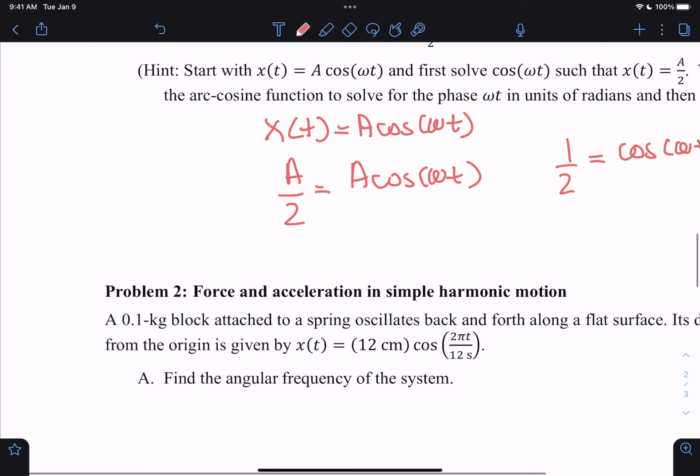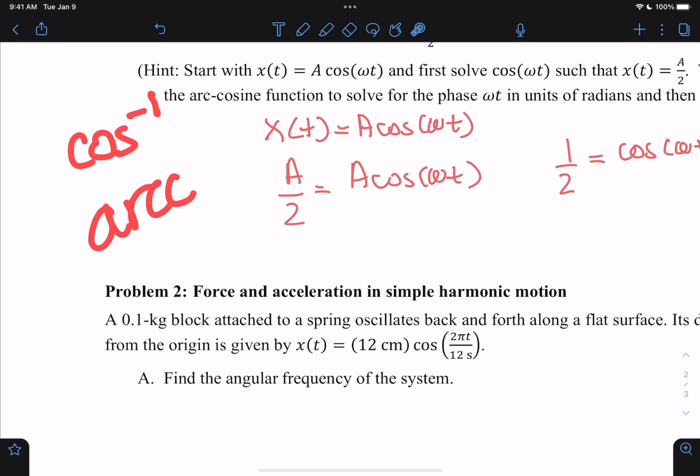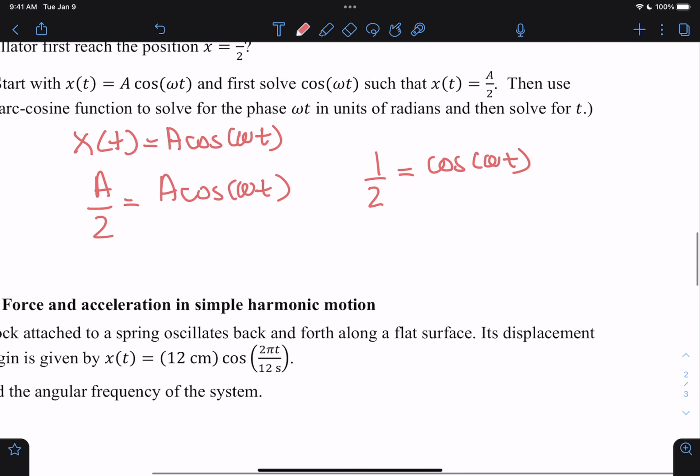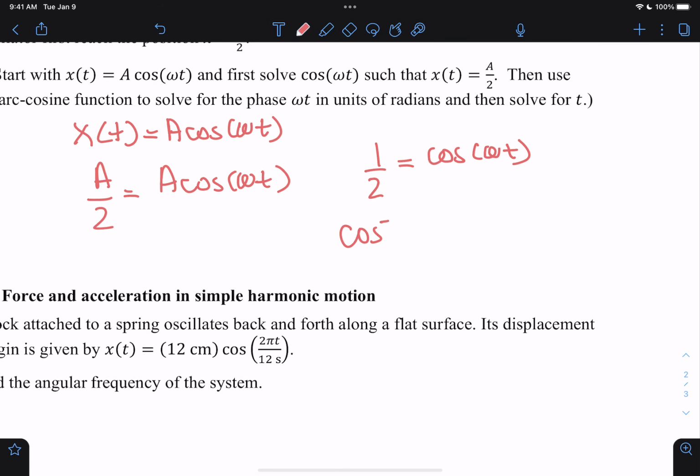On your calculator, the function will either look like cosine to the -1, or it'll say arc cosine, depending on your calculator. So the inverse cosine of 1/2, and then inverse cosine of cosine omega t will cancel the cosine out. So then you're just left with omega t is equal to inverse cosine of 1/2.